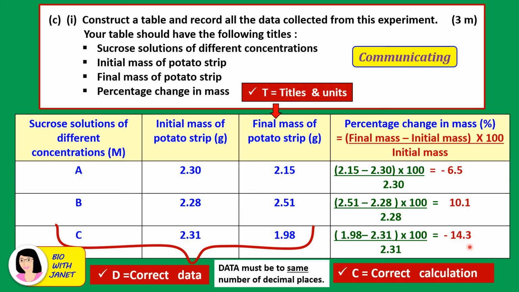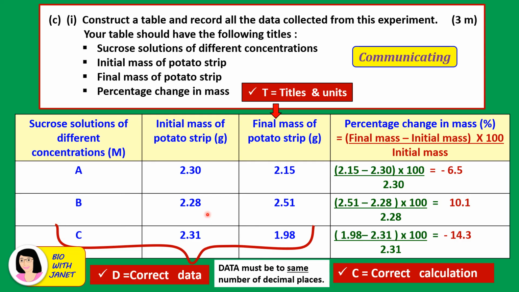For all these values, please take note that your decimal places must be consistent. For example, the initial and final mass you recorded to 2 decimal places, like 2.30. So all the 3 values here must be to 2 decimal places. You cannot have one as 2.3 and another as 2.28. If you write 2.3, that is to 1 decimal place, and then the second one you write 2.28, that is already to 2 decimal places.